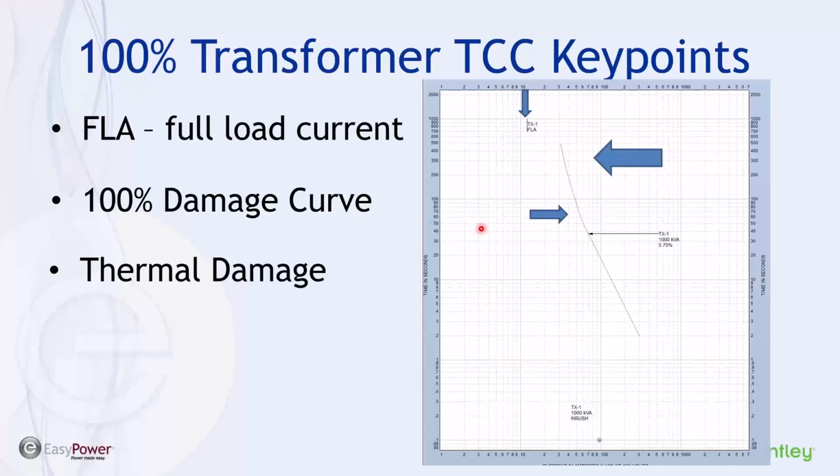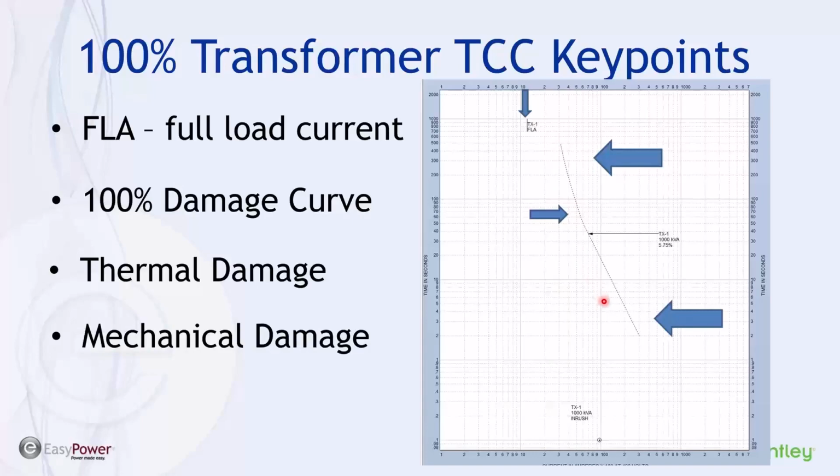Now, those of you that aren't familiar with the TCC plots, we have time on the vertical axis and current on the horizontal axis. So at the lower current values, we can see that the damage curve will impact our transformer health on longer exposures, whereas mechanical damage will be the result of high current spikes, even at very low value of time.